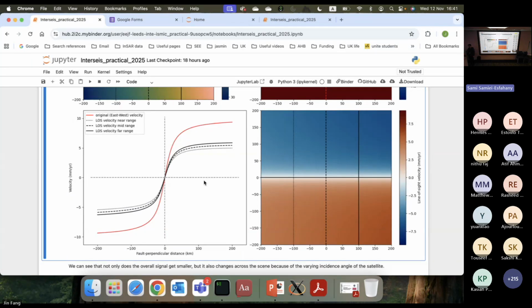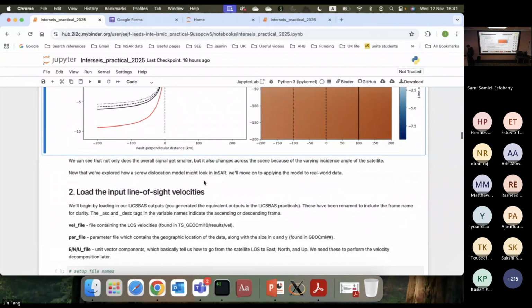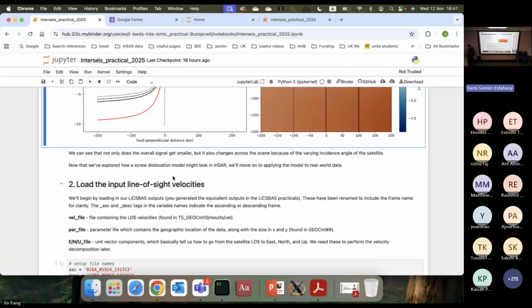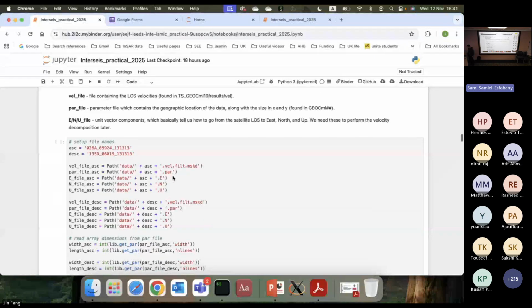So it varies across the satellite track because the incidence angle is not a constant. Now we've seen how a screw dislocation model looks in InSAR. Now we can move on to applying the model to real world data.